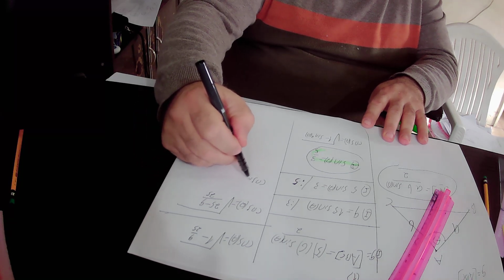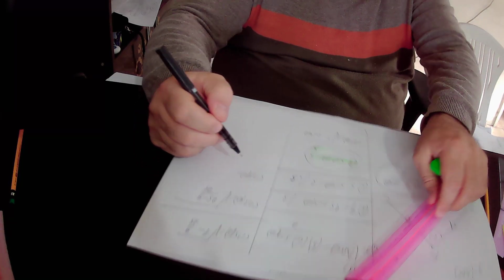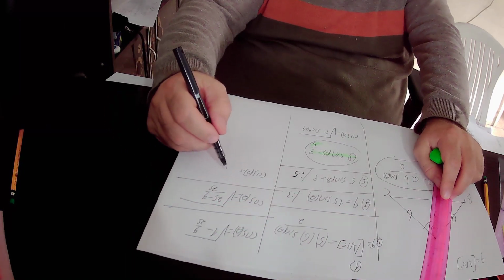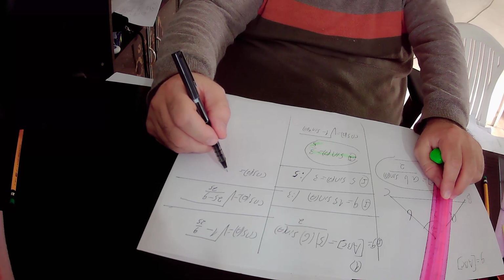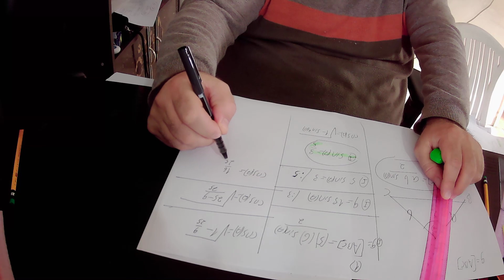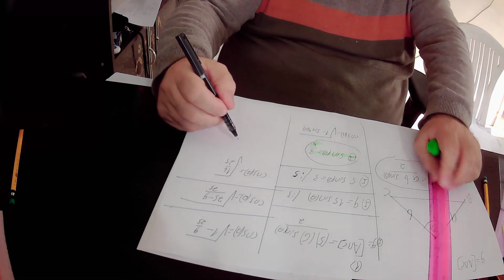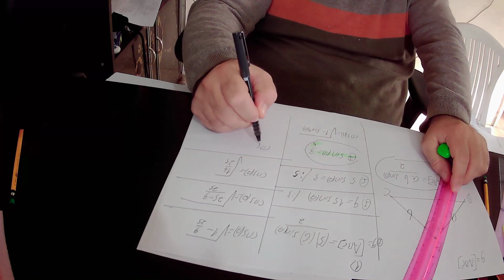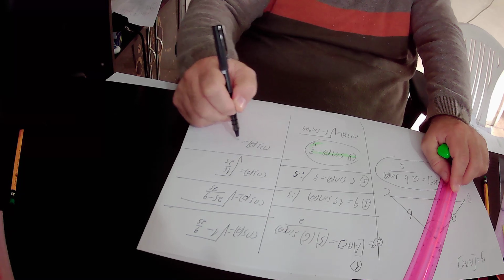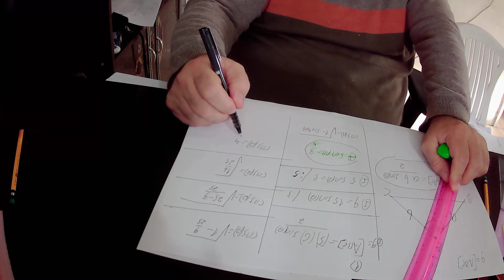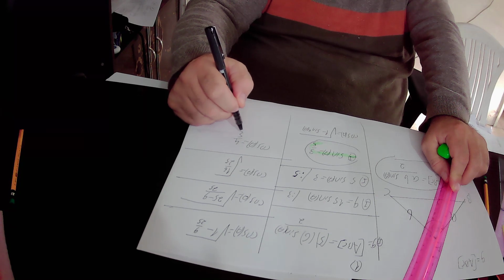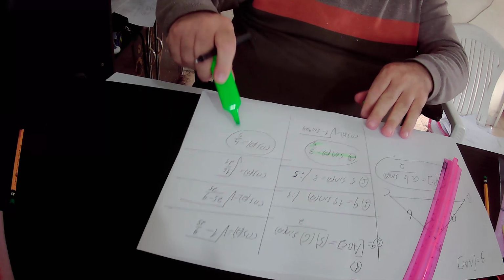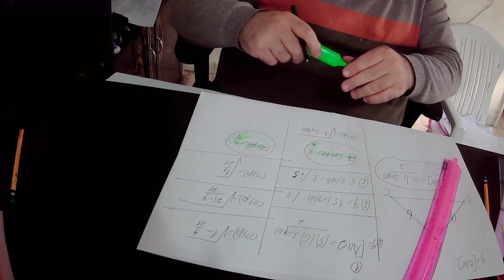So cosine theta equals the square root of 25 minus 9, which is 16, over 25. So cosine theta equals square root of 16 is 4, square root of 25 is 5. So in conclusion, we found out that cosine theta equals 4/5.